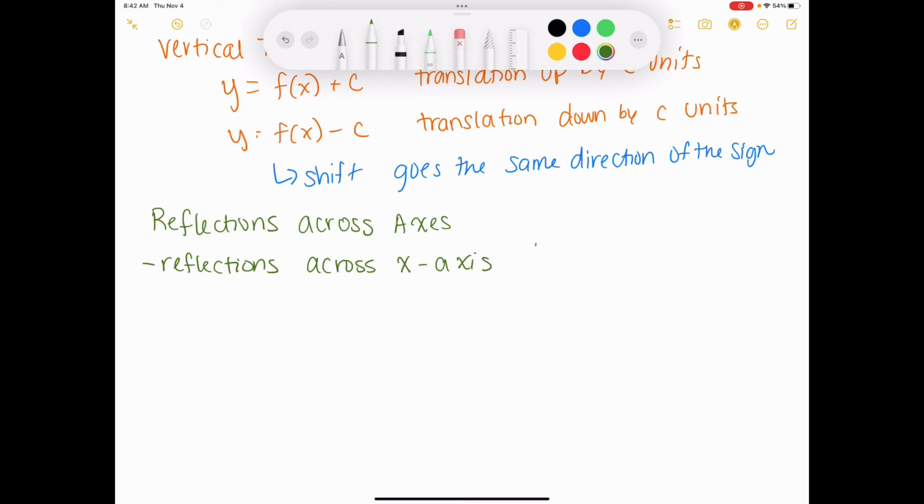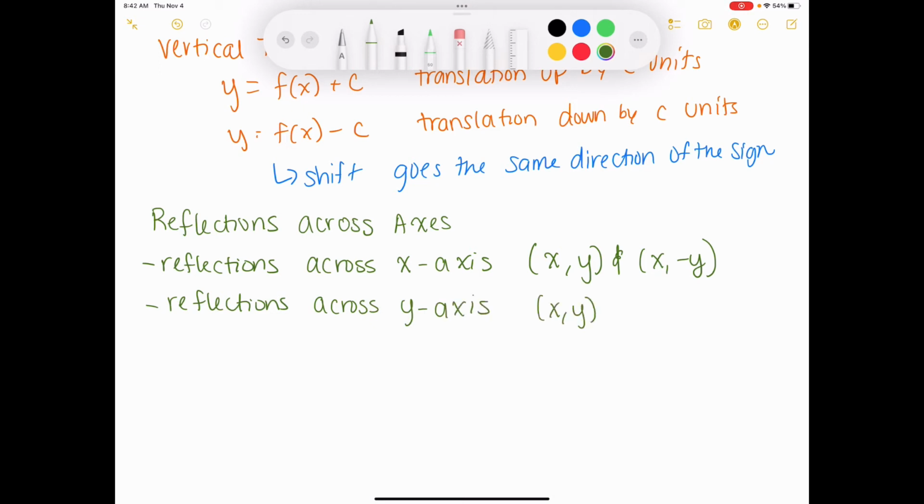We'll give you the 2 points, something like x, y and x, negative y. Reflections across the y-axis, give you points x, y and negative x, y.